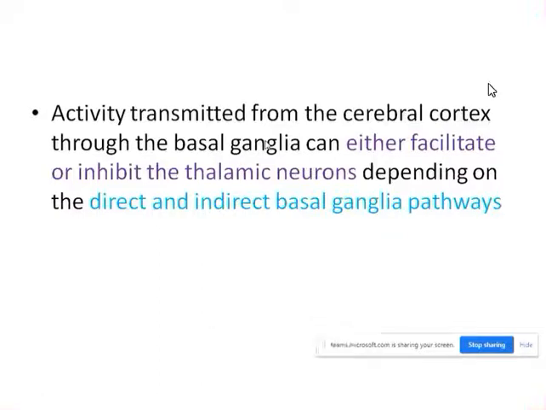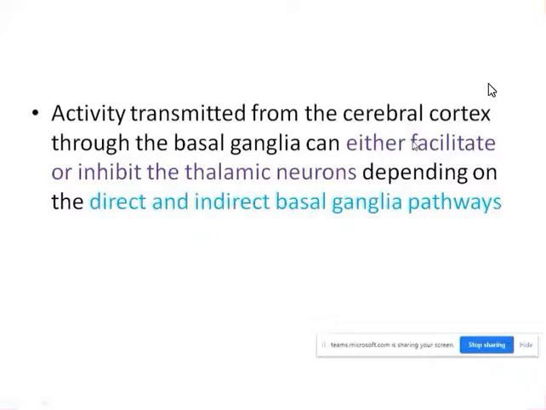So depending upon the direct and indirect pathway in the basal ganglia, they will give either facilitatory or inhibitory information to the cerebral cortex via the thalamic nucleus. Am I clear? Yes, sir.